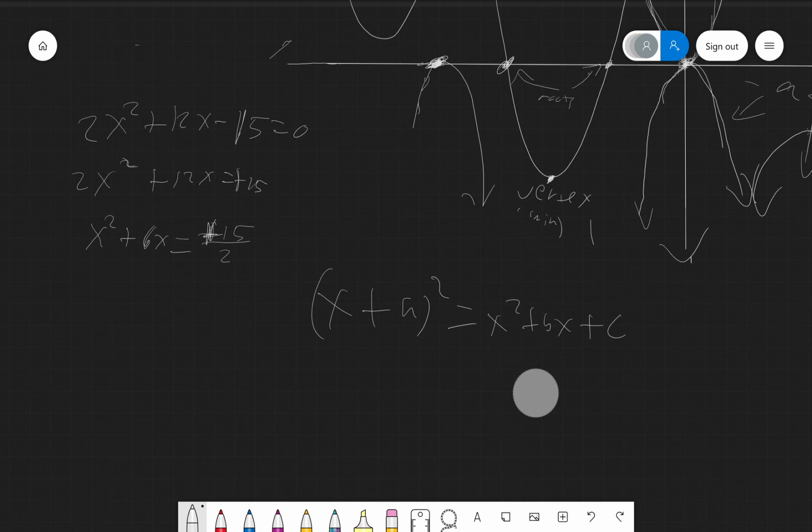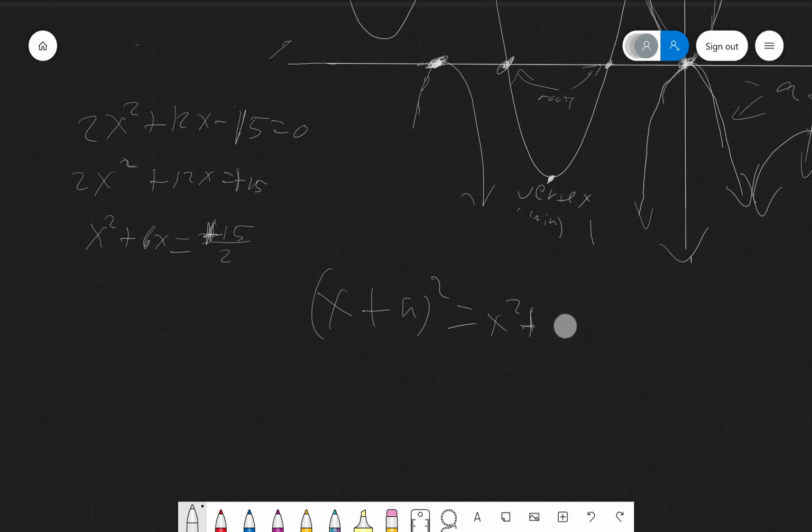So b equals 2n. That means if we expand this, we get n squared, so c equals n squared. But we're solving for n. We know b, we're just solving for n.